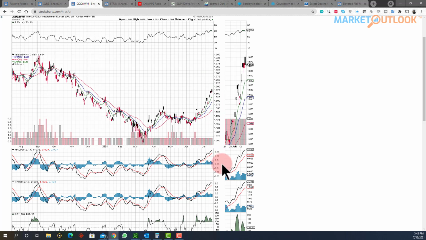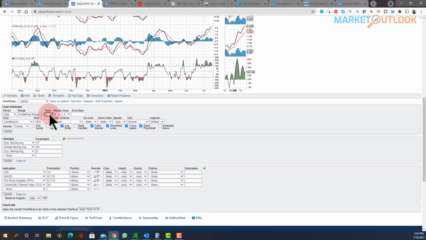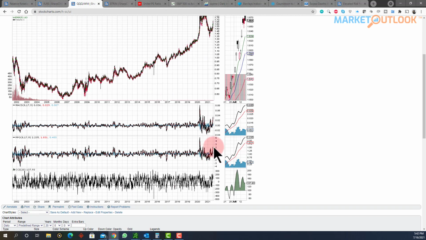And this has been such an extreme level for the PPO here relative to what we've seen in the past. If you go back 20 years on this PPO, the second indicator, that was an extreme level for this PPO relative to what we've seen. We saw that over here, and that ended up being a peak in 2011 with the credit crisis.